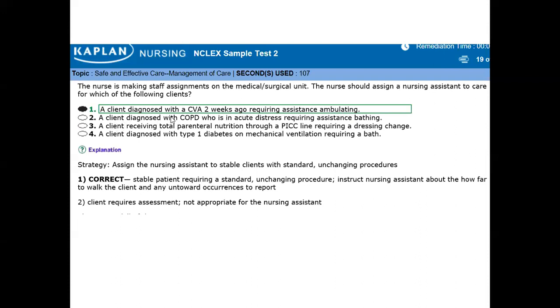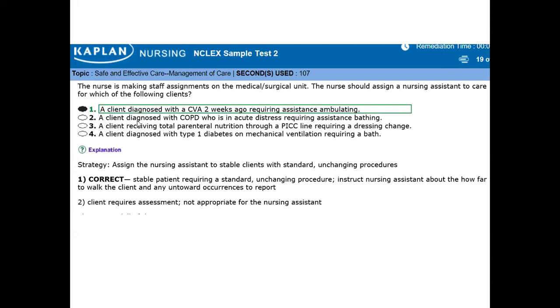So this patient is stable and the CNA can do non-skilled care, and this patient needs ambulating help. CNA can help. Why do we not choose number 2, 3, or 4?